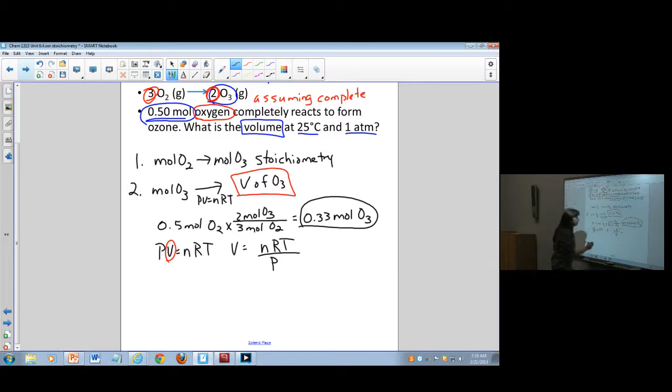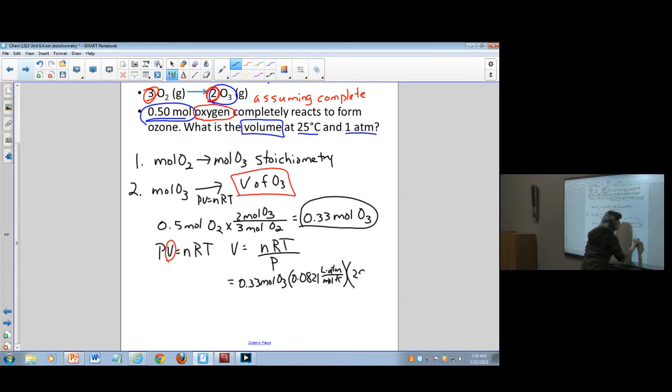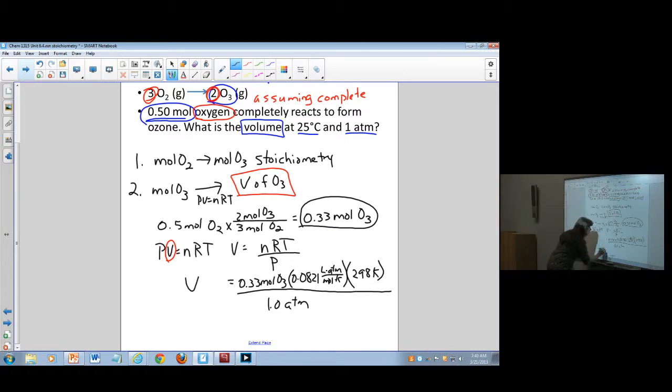In this case, that's going to be equal to 0.33 moles of O3 times R, 0.0821 liter atmosphere per mole Kelvin, times my temperature, which was 25, so I'd better be sure and say 298 Kelvin, and divide that by 1 atmosphere, our pressure in this problem, and that works out to be equal to 8.1 liters.